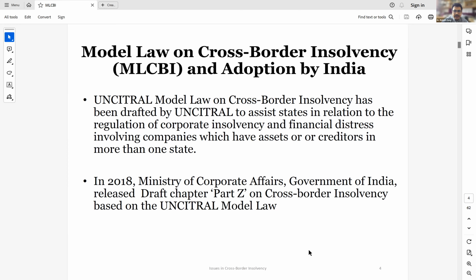So this is in relation to the regulation of corporate insolvency and financial distress involving companies which have assets or creditors in more than one state. And in 2018, the Ministry of Corporate Affairs released the draft Part Z on cross-border insolvency, which was based upon the model law.